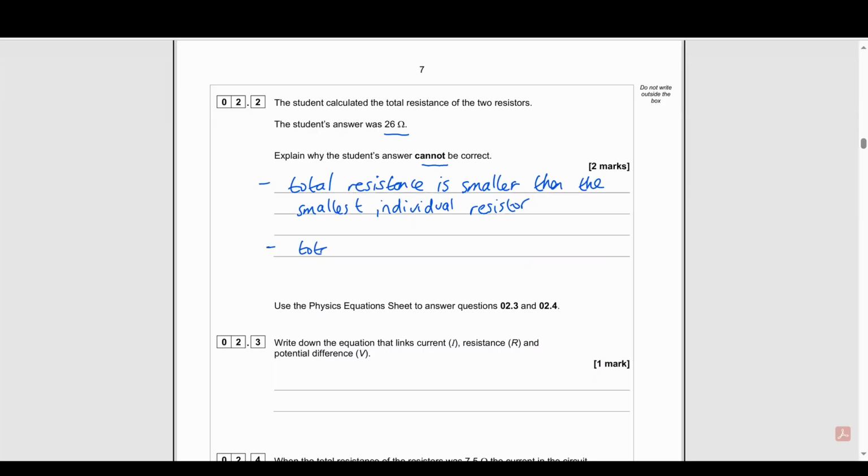So that means the total resistance has to be smaller than 20 ohms. Or if R was smaller than 20, then the total resistance would have to be smaller than wherever R was.